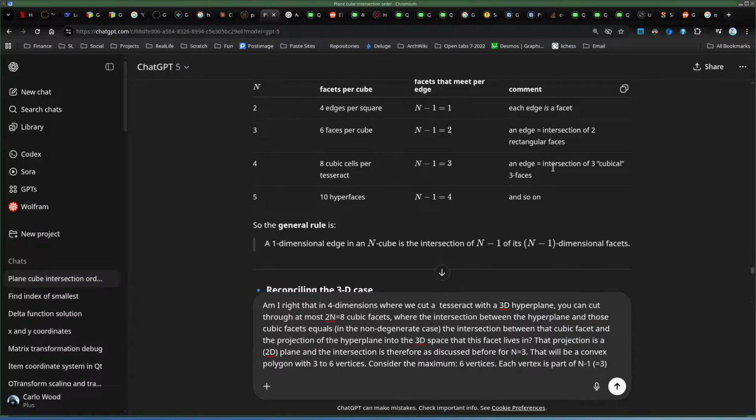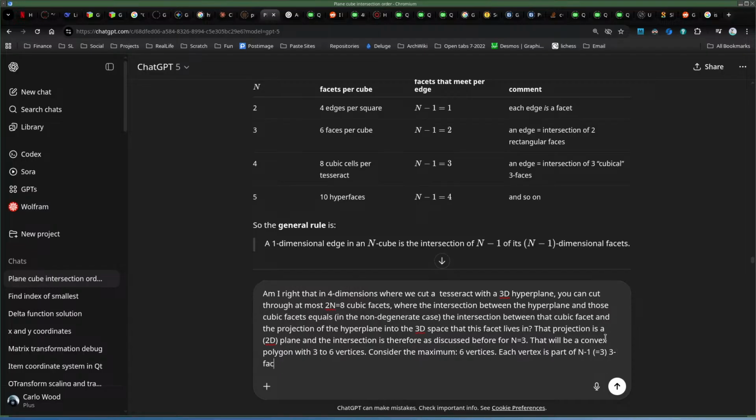So in 4D we have a 3-face. Yeah, that's an n-1 face. Each vertex is part of 3 faces.